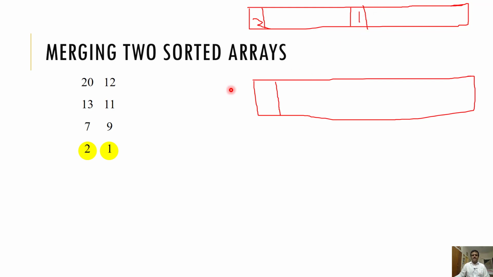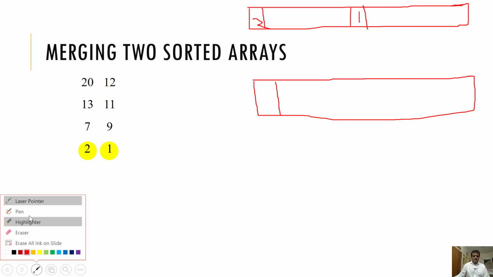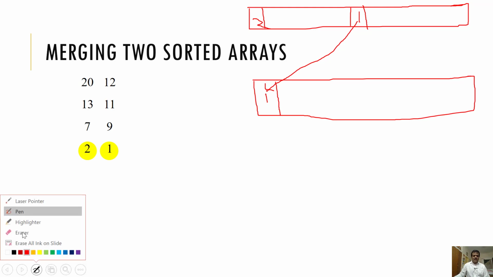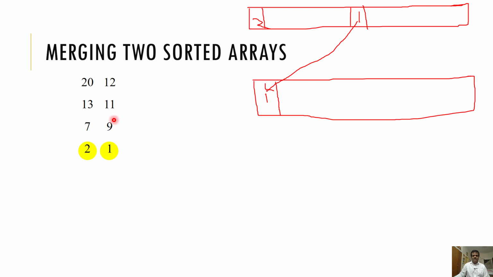If we compare these two, the minimum is 1. So, we return 1. This one will be copied here. So, we will copy 1, and then it will point to the next minimum over here. This way we continue, and we will keep on storing in this auxiliary array in sorted order.